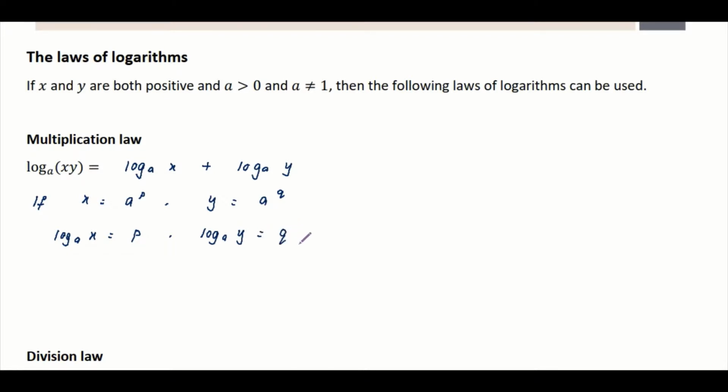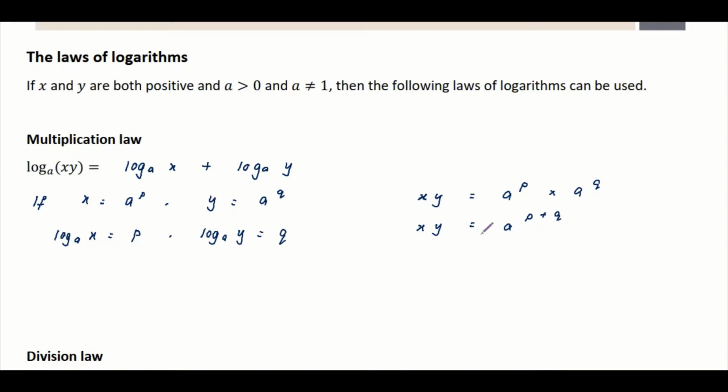Okay, so now let's say I have x multiplied by y, so what do I have? I have a to the power of p times a to the power of q, right? From the definition here. Now if we have a^p multiplied with a^q, we can always add the powers together. So a to the power of p plus q, correct? So xy equals a to the power of p plus q.